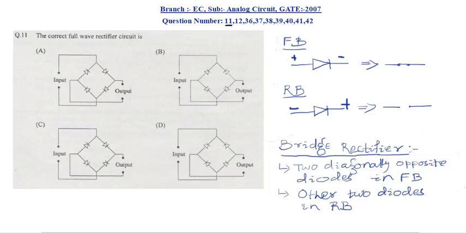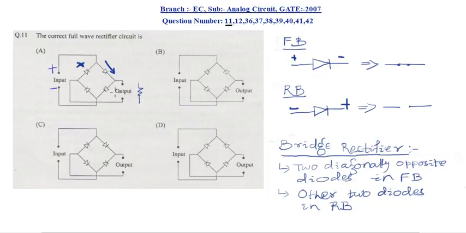Coming to option A, for the positive half cycle, this diode will be in reverse bias and this diode will be in forward bias, so it will allow the current to pass through it. Now suppose a load resistance is connected across the output.